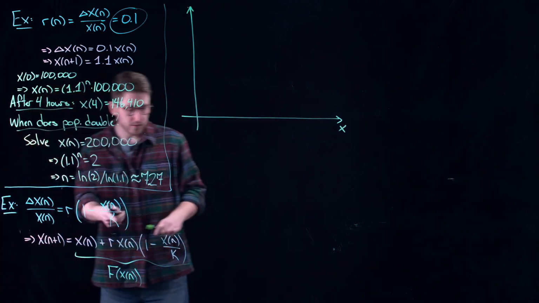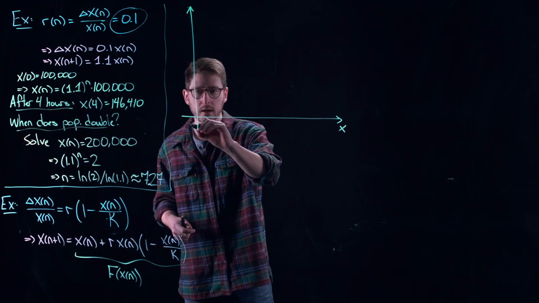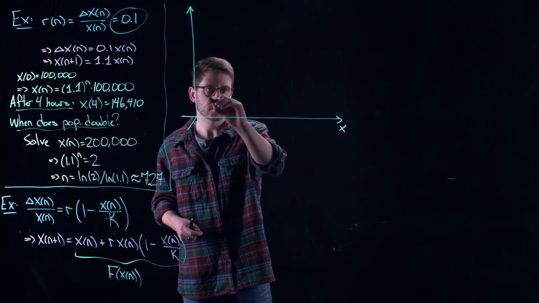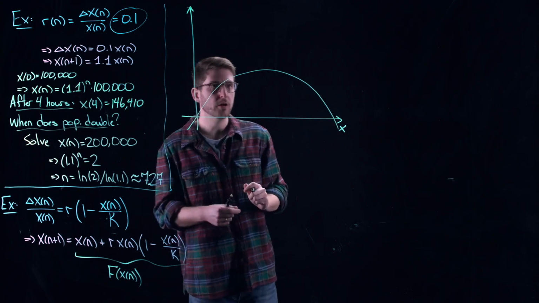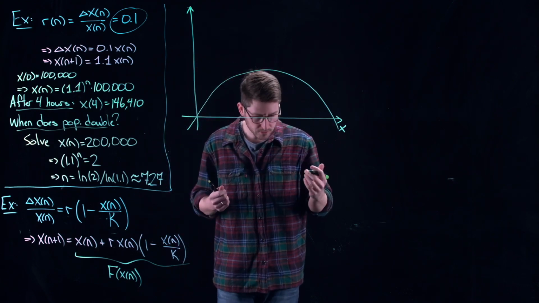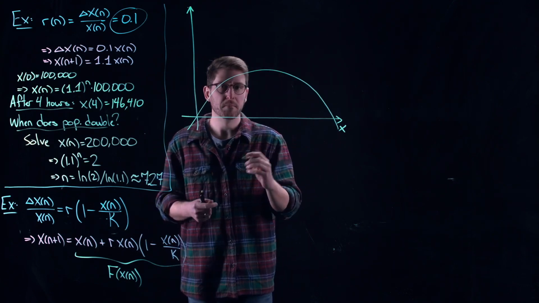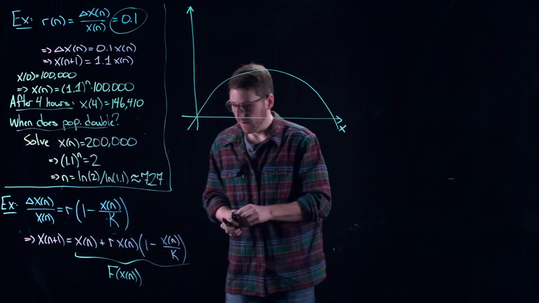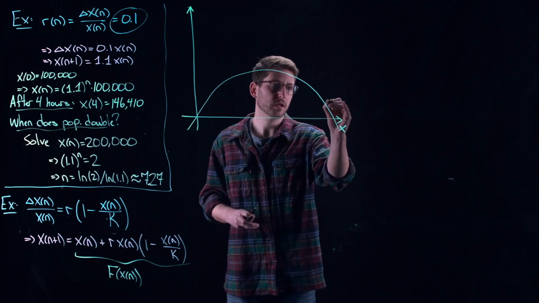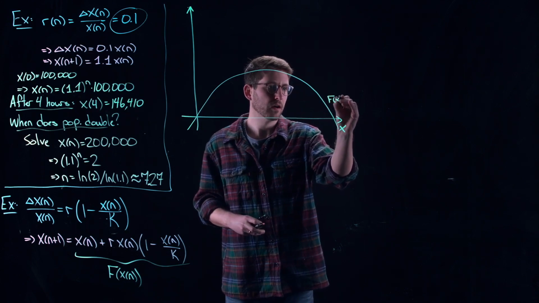Let's imagine that r is relatively small. So let's say I've got something that looks like this. Again, it's not the prettiest picture you're going to see all day, but let's imagine that this is my function f of x.